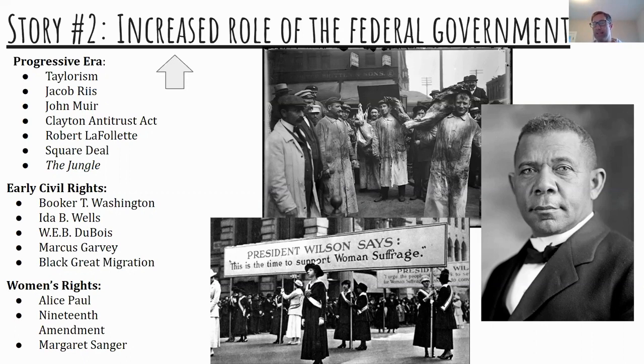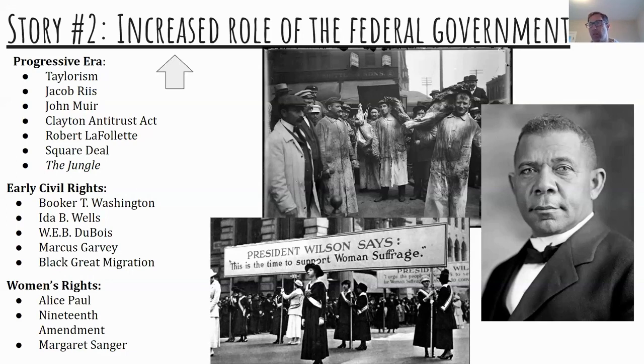And so it's not that there weren't voices out there pushing for civil rights for African Americans. There was Booker T. Washington. There's W.E.B. Du Bois. Ida B. Wells is writing about the violence that African Americans have faced in the South. By the 1920s, you've got Marcus Garvey, who's advocating for Black nationalism.